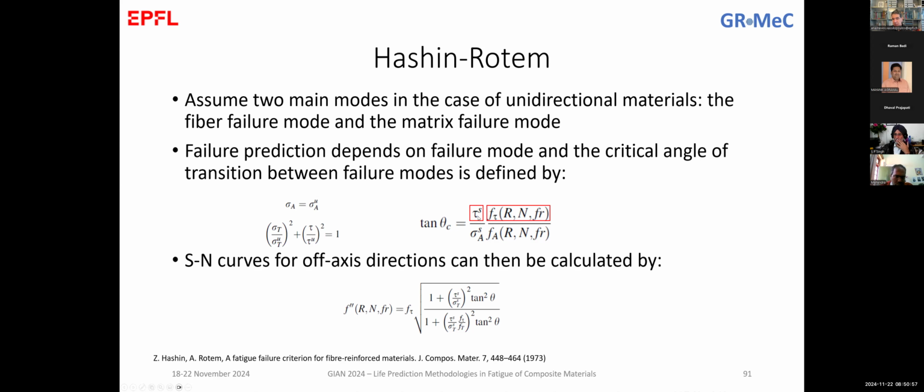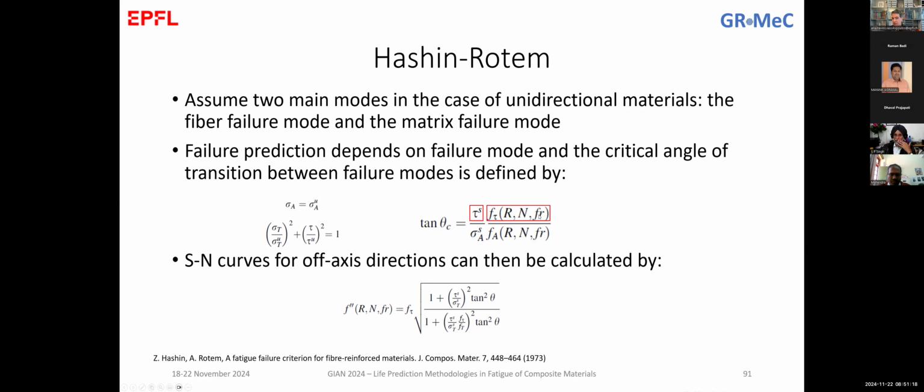Here what we see, the Ts and the sigma s, these are the static strengths, and this function here, the Ft, as we can see, is related to the R ratio of the material, to the number of cycles, and another function, Fr, that is related to the fatigue behavior.